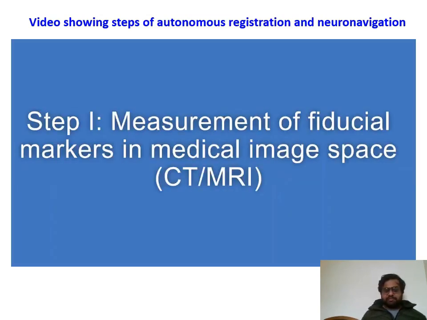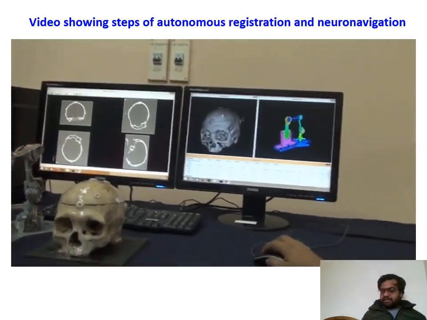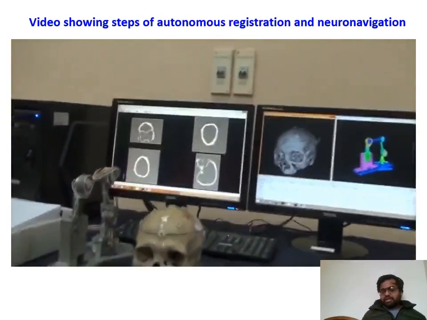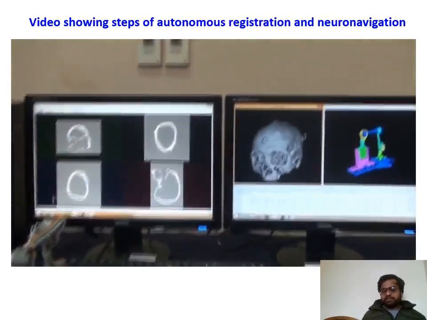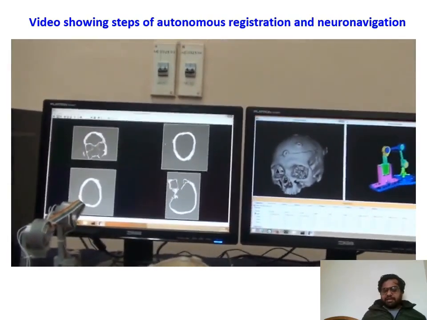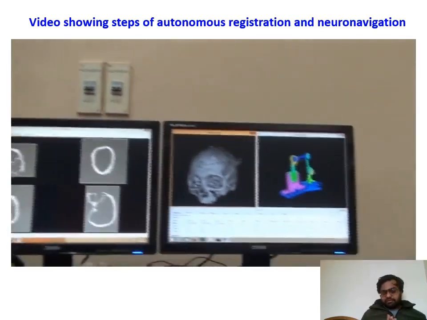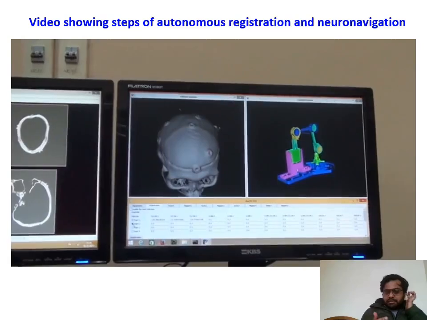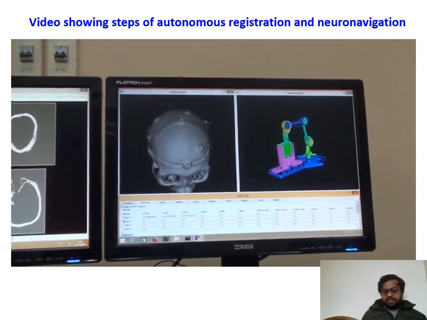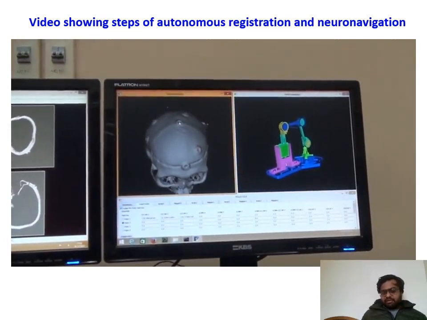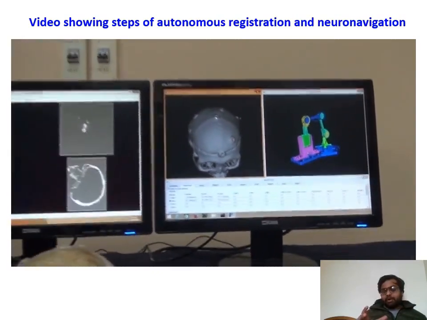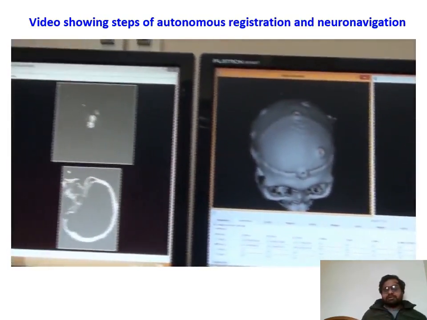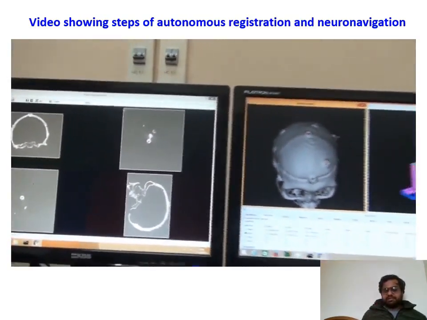The first step is measurement of fiducial markers in medical image space. On the left-hand side, those are the cross-sectional images obtained from CT and MRI: axial, coronal, sagittal, and oblique images as well. On the right side you can see the 3D model of the skull obtained by stacking those two-dimensional images.